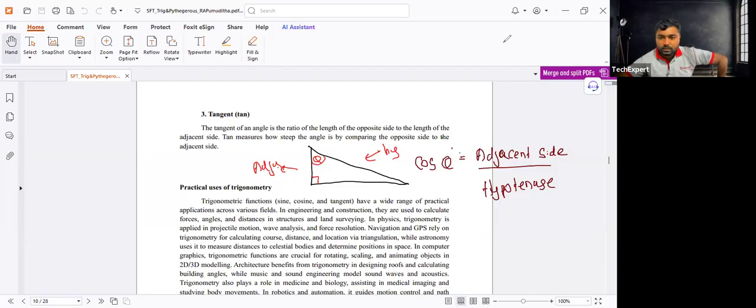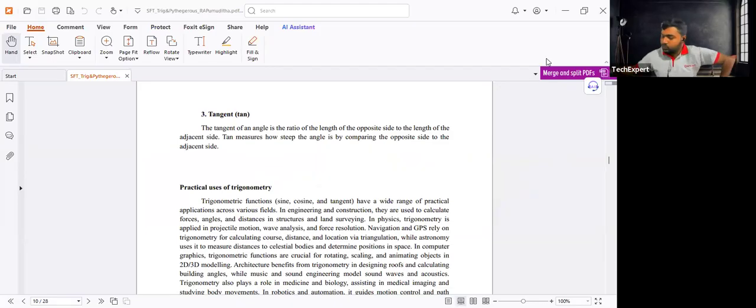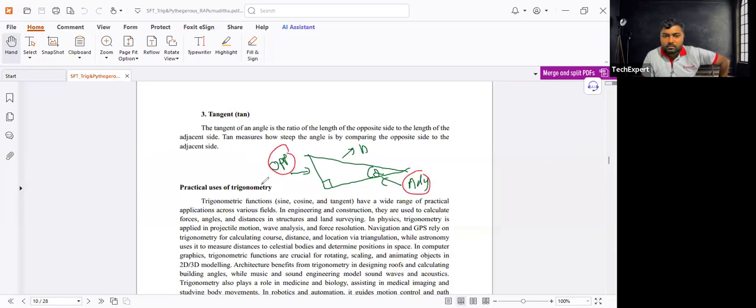Here, in a right angle triangle, by using tangent or tan, the opposite side and adjacent side are compared. This is theta. This becomes the opposite side. Then obviously this becomes the hypotenuse and this becomes the adjacent side. The ratio between these two sides is compared under tangent or tan.